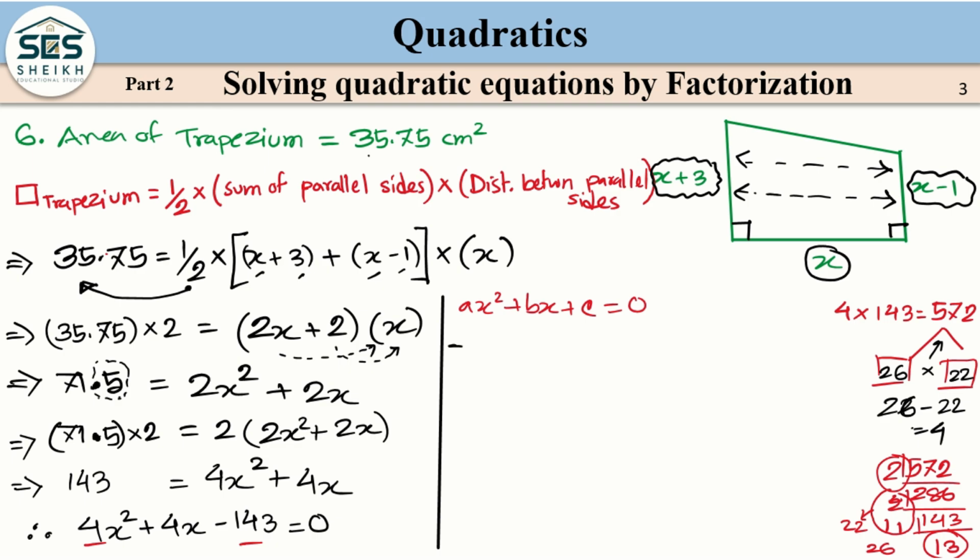So we can write 4x squared plus 26x minus 22x minus 143 equals 0.